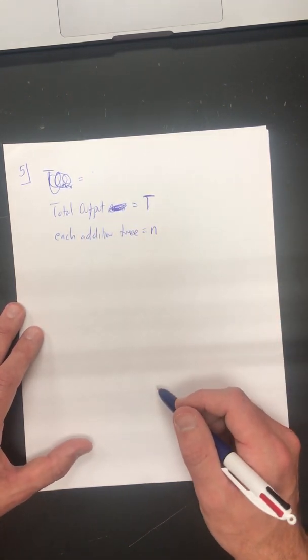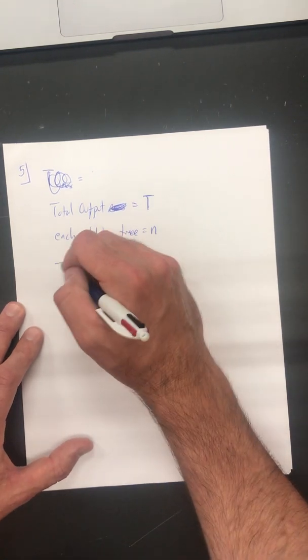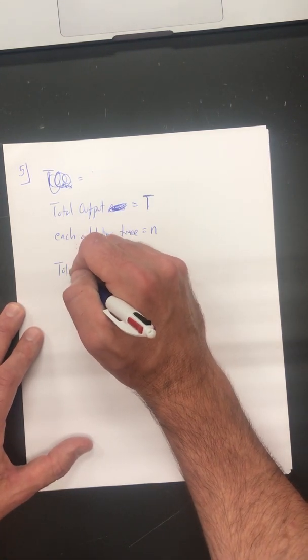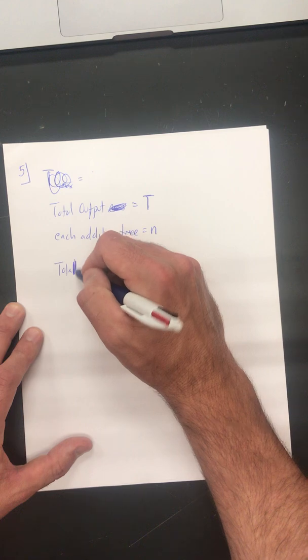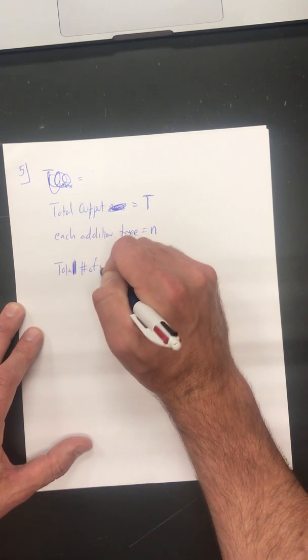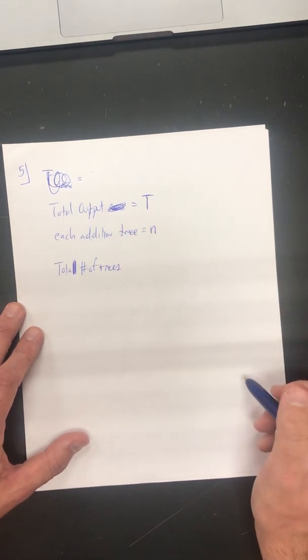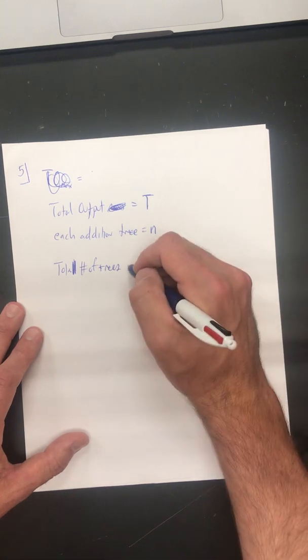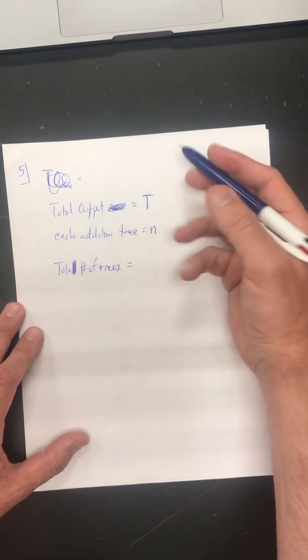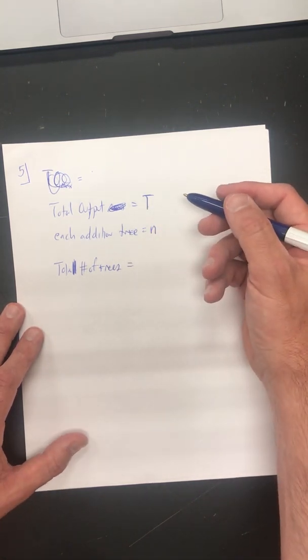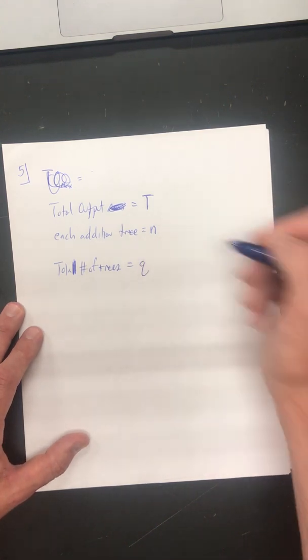All right, so let's see what we have here. So that means the total number of trees, I probably should have used that for T, for total number of trees, is equal to, I don't know, we'll call that Q, right?